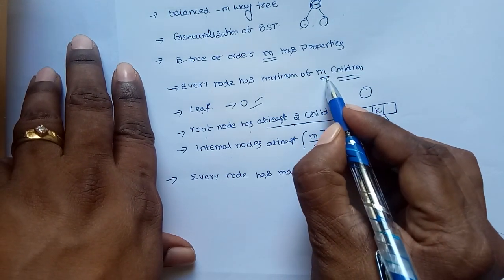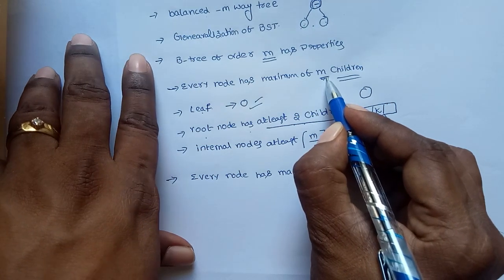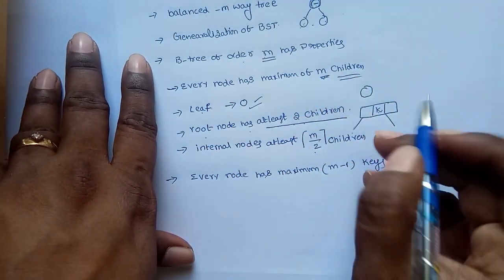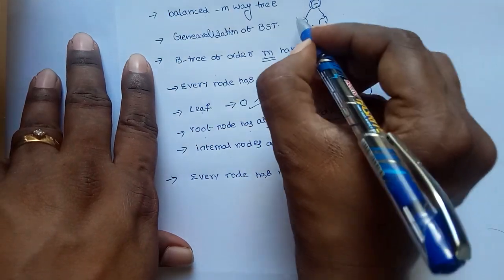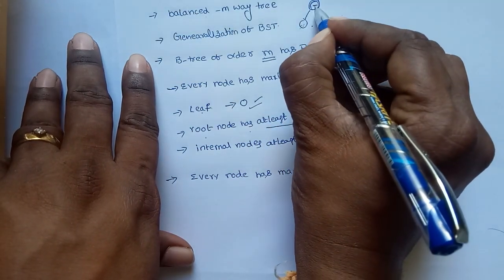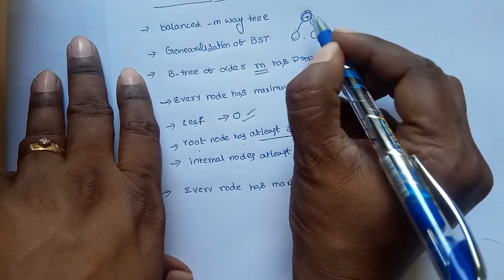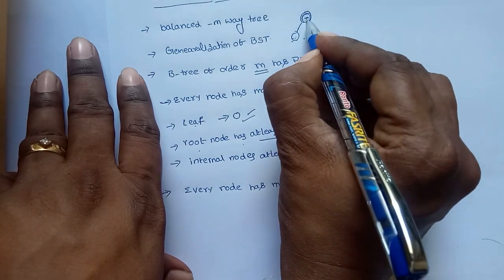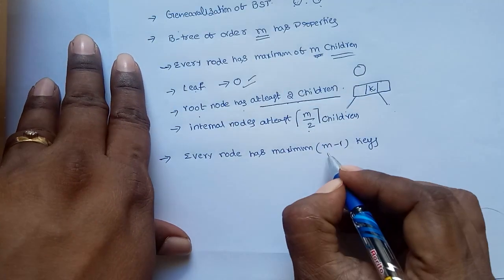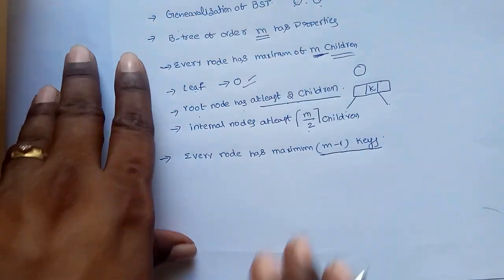Order M means a maximum of M children. If you have M children, you have M minus 1 keys. With 2 children, how many keys? 1, because one child is less than the key and the other is greater. So M children and M minus 1 keys.